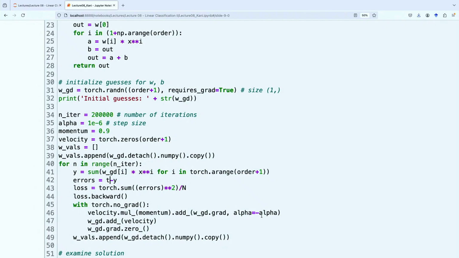Now, one important thing, maybe one side note I want to take here. Why didn't I do this?